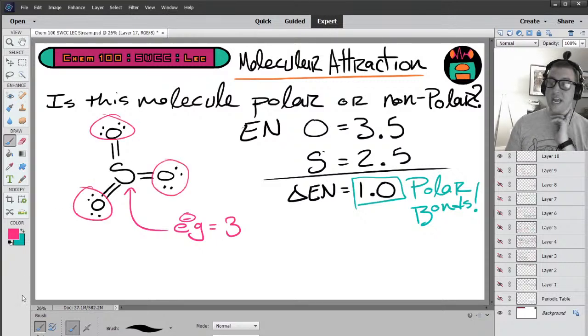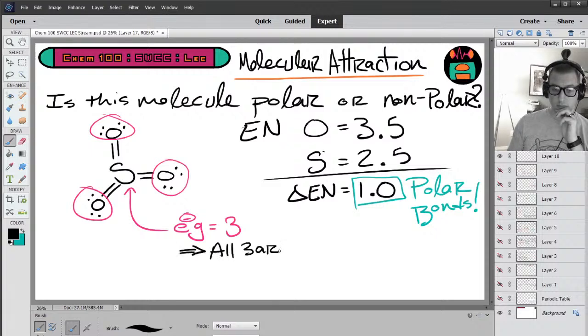And you'll notice that all 3 electron groups are the same, which means that we have a non-polar molecule.